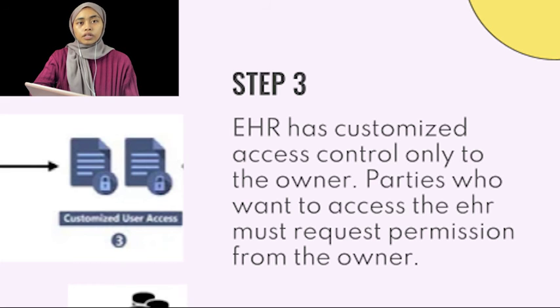Third step, the individual patient has the ownership of the sensitive EHR and customized control is given only to the owner of this property. Parties who want to access such valuable information must request permission, which is forwarded to the EHR owner, and the owner will decide to whom access will be granted.